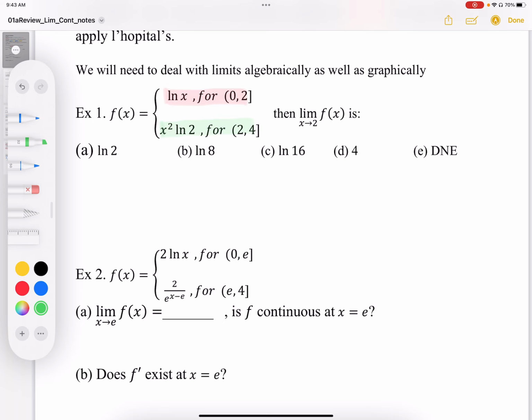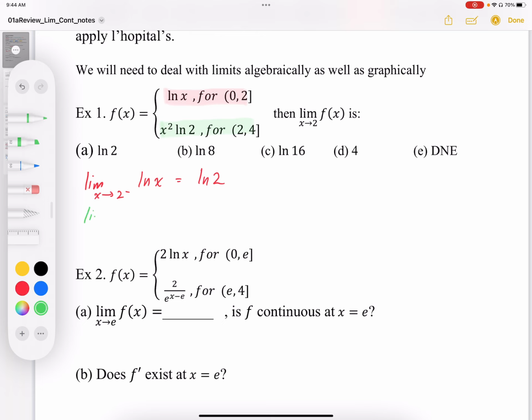So we can test these limits. From the left side, the limit as x approaches 2 from the left, or the negative side, of log x is equal to log 2. Then we check what's happening on the right-hand side.